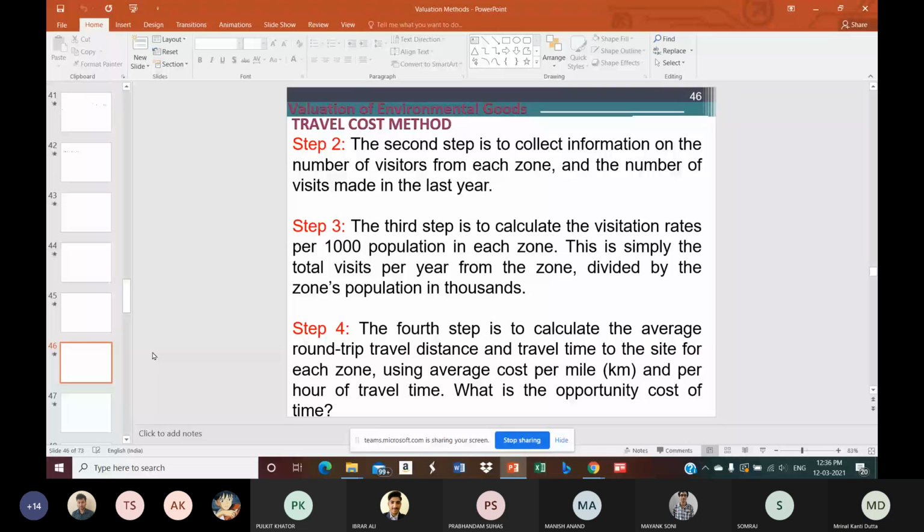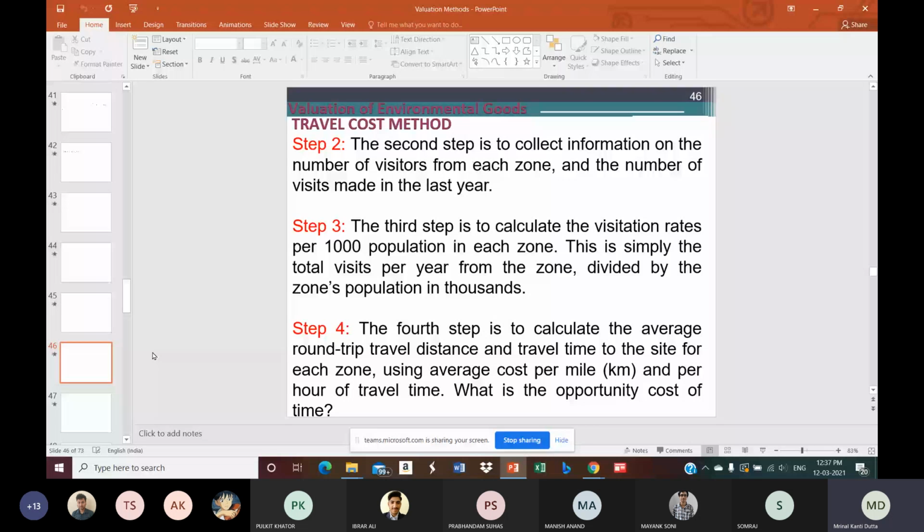Of course, mostly in the case of the general travel cost method, we are talking about data which are already available. The third step is to calculate the visitation rates per 1,000 population in each zone. Basically, this is nothing but the total visits per year from the zone divided by the total population in thousands.